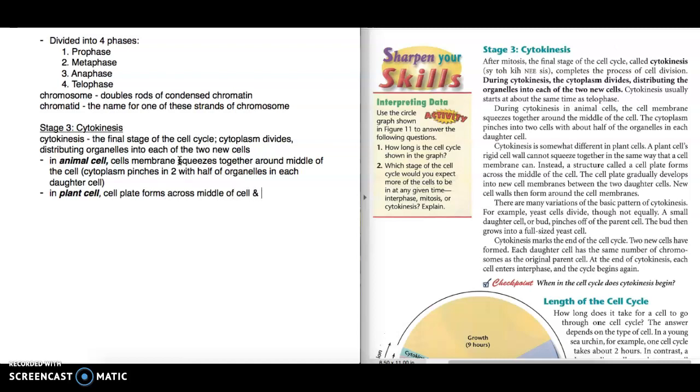You could do a plus sign or you could write A and D. It's totally up to you. A new membrane is going to develop. That is what allows for the 2 new cells to completely detach. You have that cell plate, which is sort of like a new cell wall, and then the new cell membrane dividing or developing on either side.